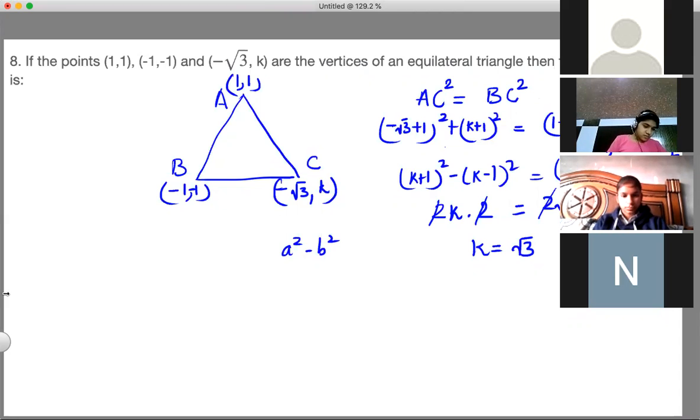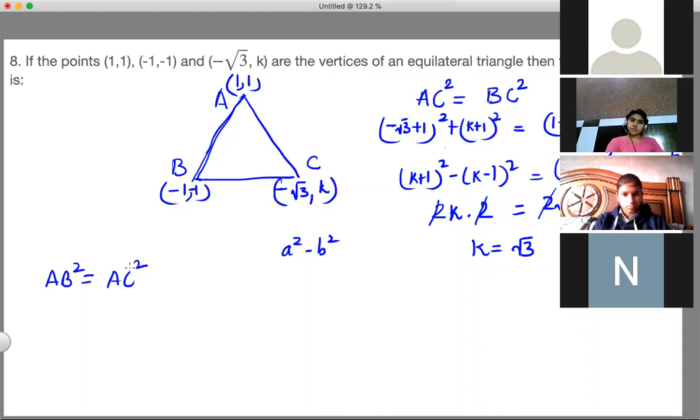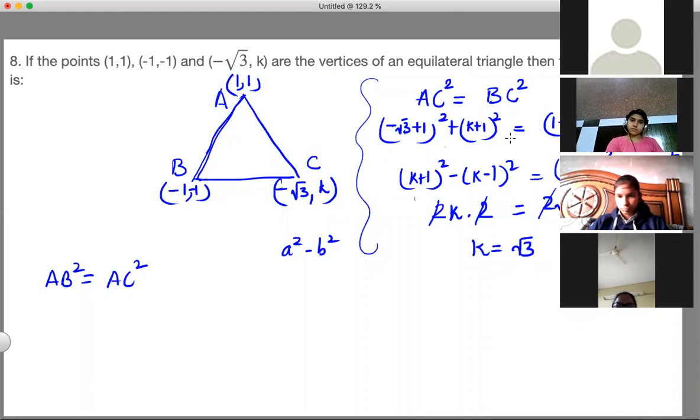At home, in the video, you could see the question again and try solving it by equating AB square is equal to, let's say, AC square. You can see whether that was faster or this is faster. It will not be a huge difference, I guess, but this should be a little quicker because our root 3 is on both sides.